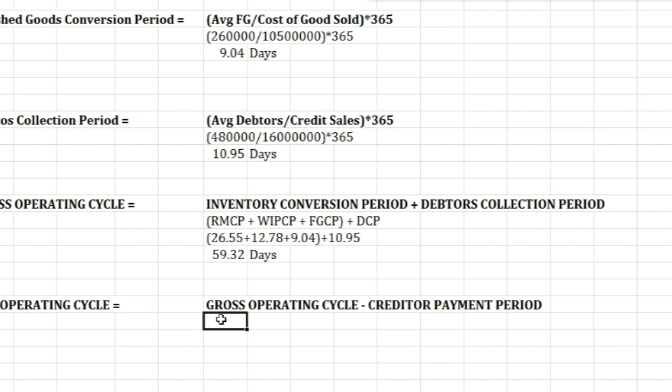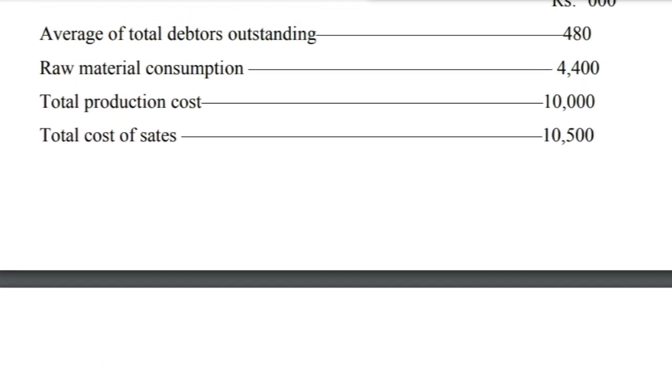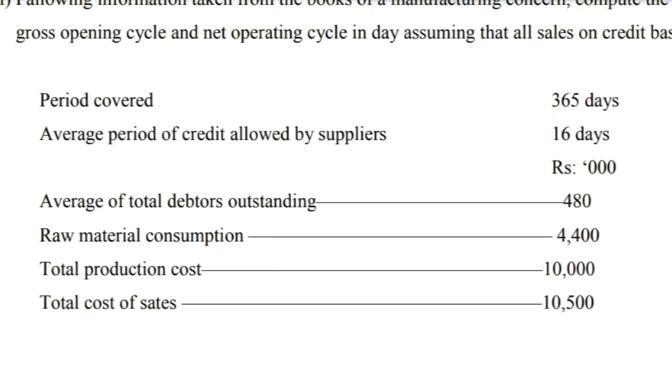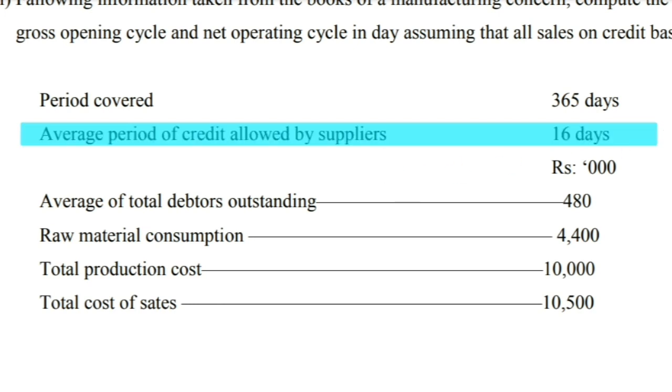Gross operating cycle value is 59.32 days minus creditors payment period. As per the question, the creditors payment period is given: average period of credit allowed by suppliers is 16 days.